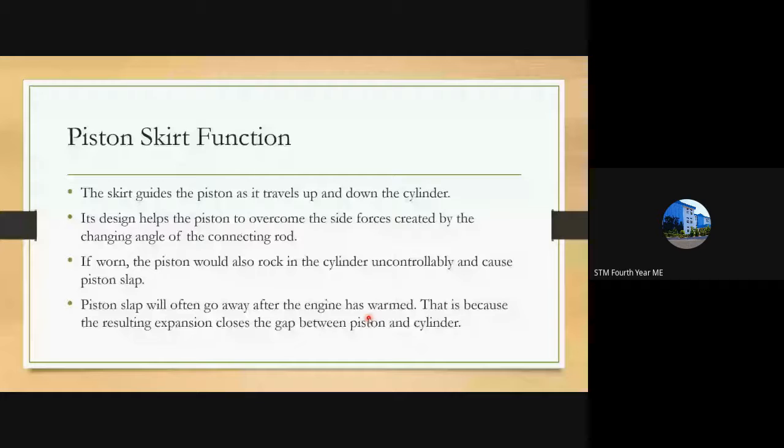This is due to the change in temperature. So the piston also gets heated and expands a little. It is a property of the material how much it expands. When the piston expands, it provides a tight seating arrangement, and this reduces the piston slap inside the cylinder.